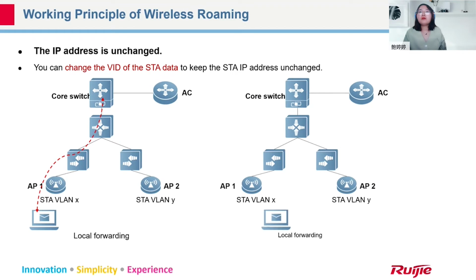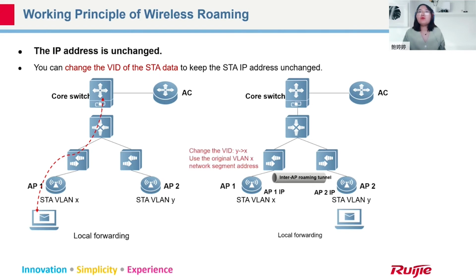And then, when we move to another AP, we will establish the inter-AP roaming tunnel. The process is, I will send the message out to AP1. Then AP1 will change the VLAN ID from Y to X. So for all the network devices, we think the message already carries VLAN X, and then AP will send the message out again.